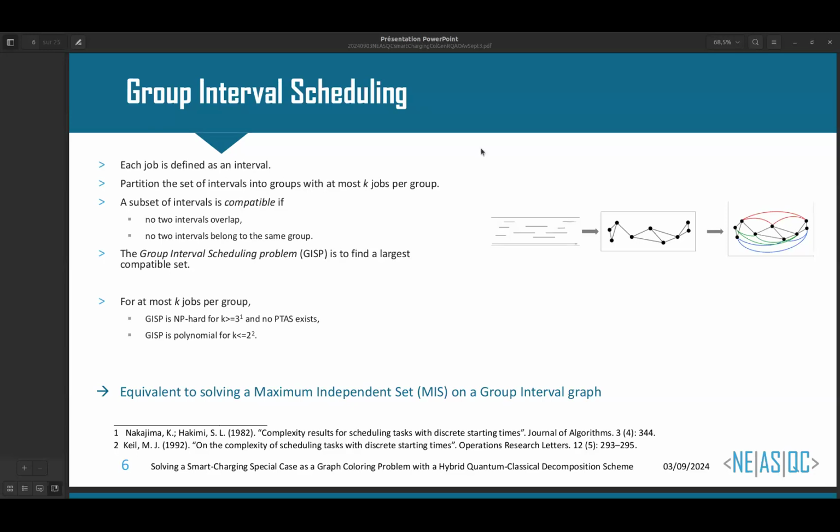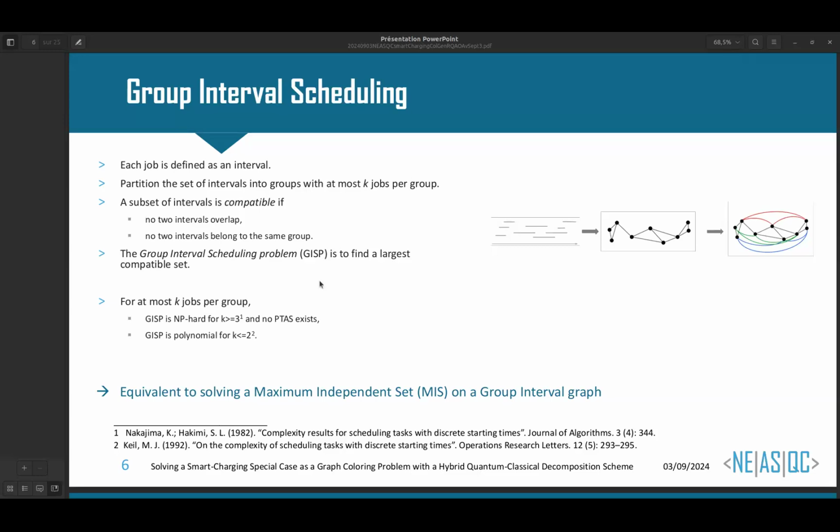In addition, we have the group constraints, which define cliques for the corresponding intervals involved in the group. So here we have an instance with 3 groups of 3 vehicles each, and that would be an instance of the group interval scheduling problem.